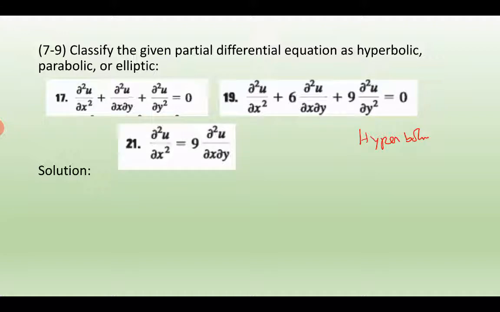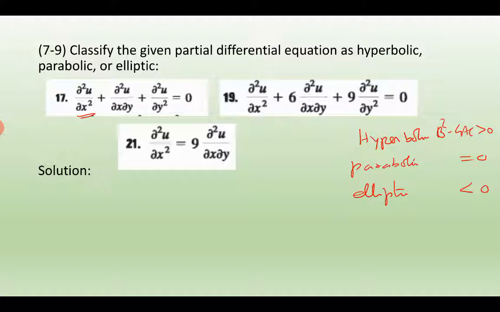Hyperbolic is when the discriminant b square minus 4ac is greater than 0. Parabolic, when it is equal to 0. Elliptic, when it is negative, isn't it?